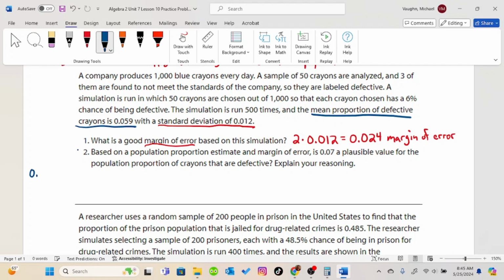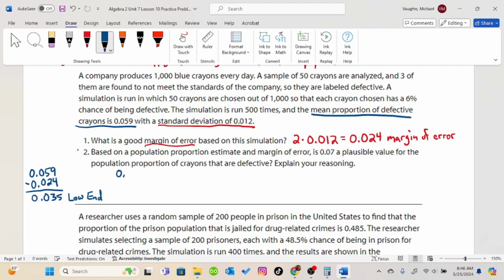So 0.059 minus 0.024 equals 0.035. This is the low end.